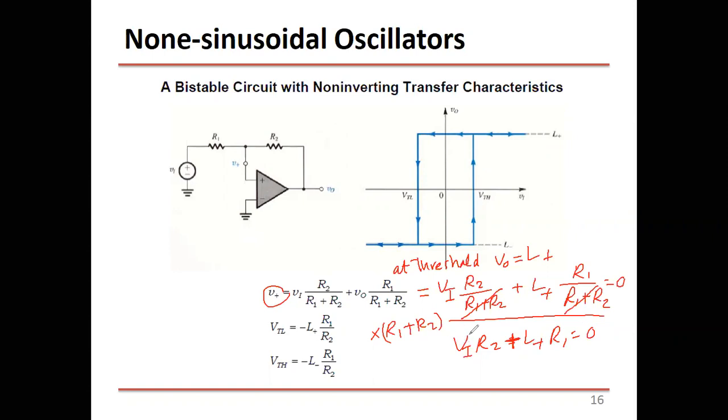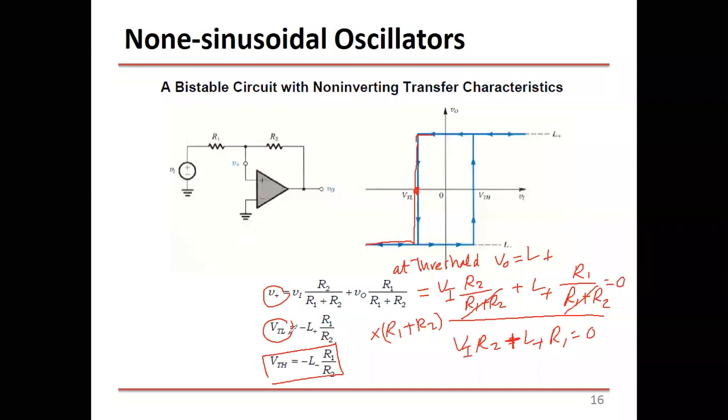But this is not at any V input, it's the V input when it crosses the threshold or the trigger, at this point here, when you are going from this way to this way. Okay, and you do the same thing for the L minus, you get this equation. If you substitute V out with L minus and solve, you're going to get the other threshold.